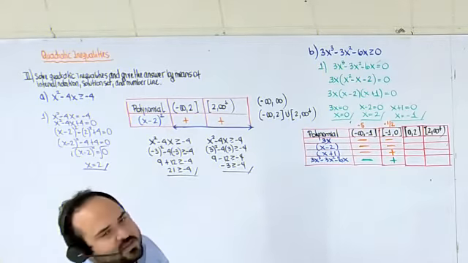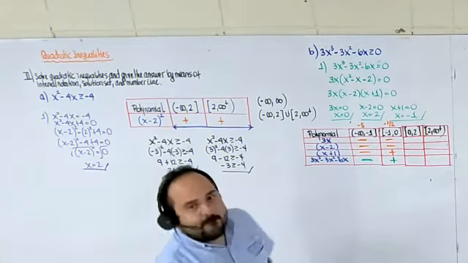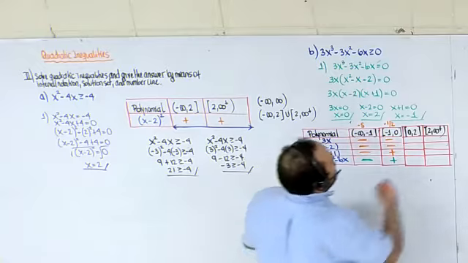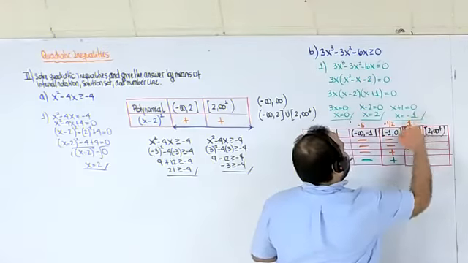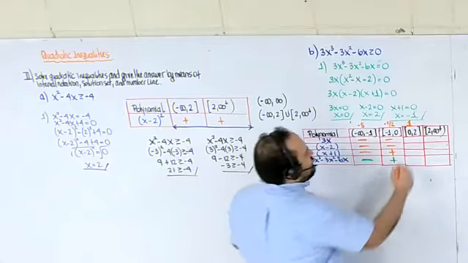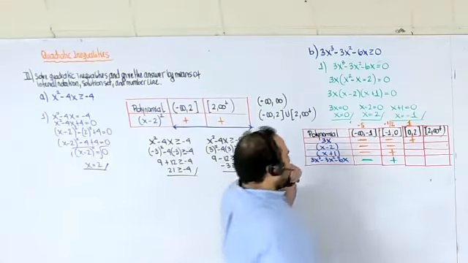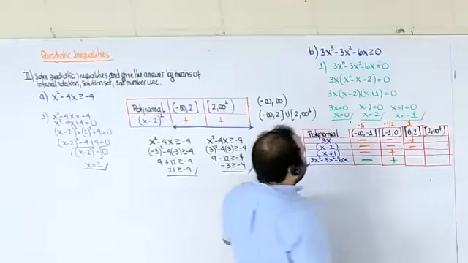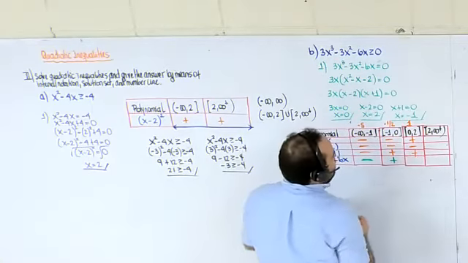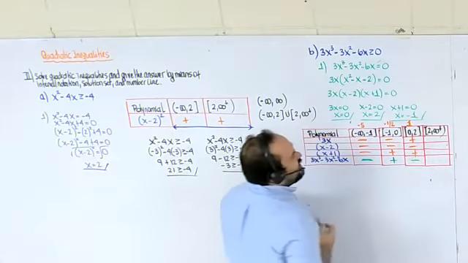The third one. Choose a number between 0 and 2. Could be the number 1, right? I want to give you an example. 3 times 1 is 3. Result positive. 1 minus 2 is -1. Negative. 1 plus 1 is 2. Positive. Final result will be negative.